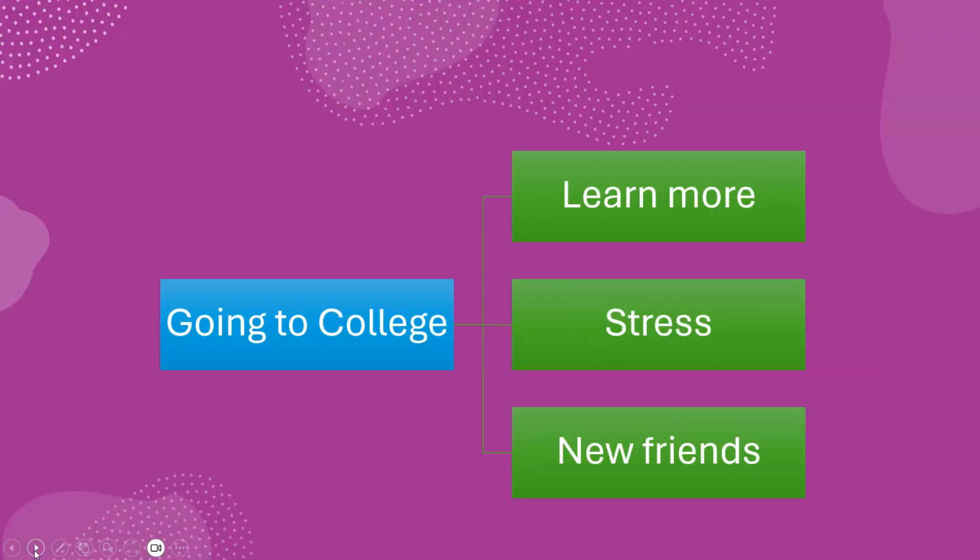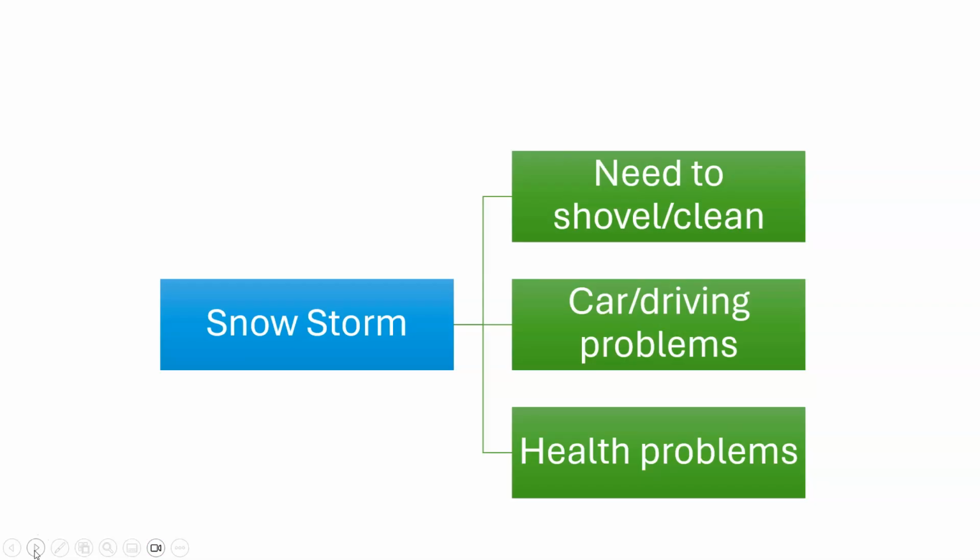For example, if our event is a snowstorm, a major snowstorm, some of the effects or results of the snowstorm are that we need to shovel or clean the snow. We might have car or driving problems, and we might have health problems. All of these things happen after the snowstorm, after the event, as a result of that event.